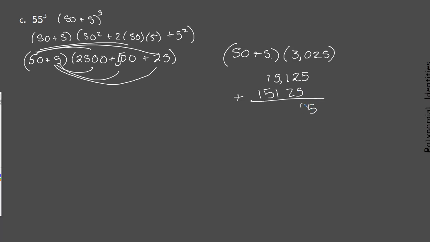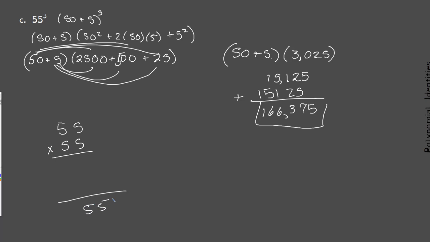And so when we add it, it becomes that. So that's the same thing as if I went over here and multiplied 55 times 5, and then found that answer and multiplied it times 55.